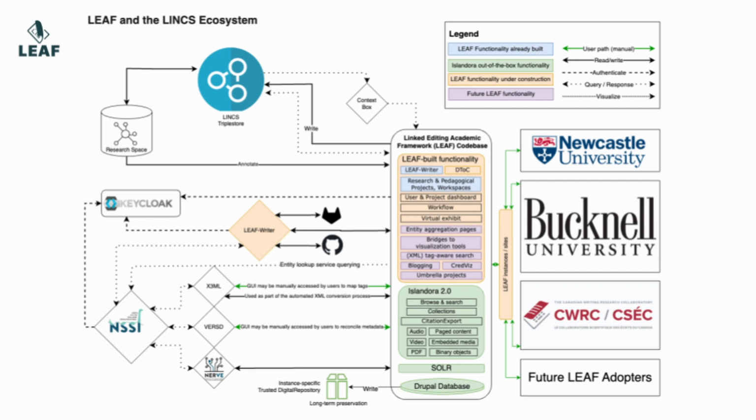For example, entity lookups will be managed and aggregated to different authority files via services provided by LINCS, or entity annotations within LEAF-Writer that can be partially automated by NER and linking, also supported by tools developed by LINCS.